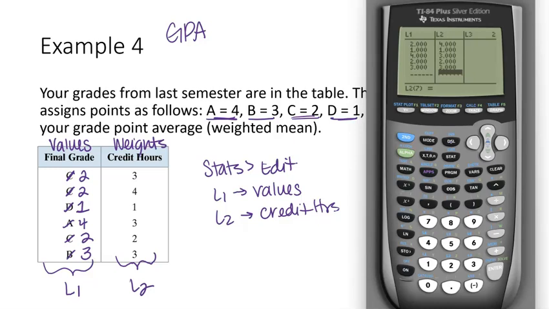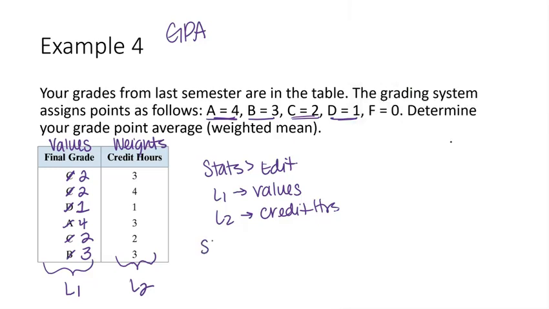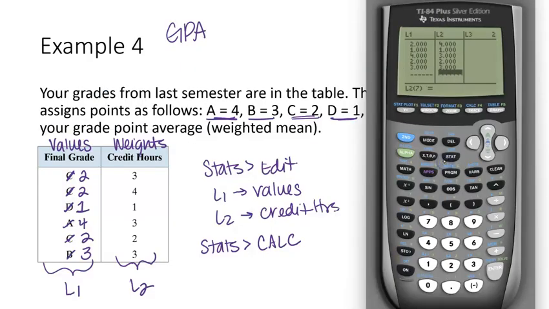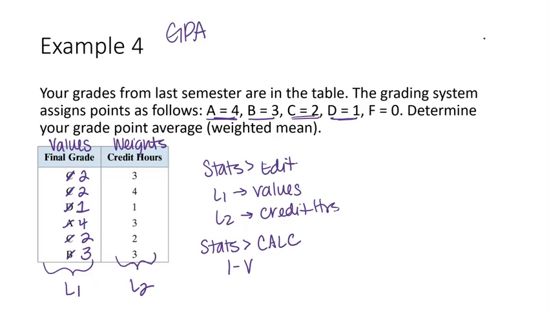Now to actually find that GPA, that average grade point, I'm going to hit Stats again. But this time we're going to go to Calc because we want to calculate. So Stats, scoot over to Calc, 1-Var Stats.